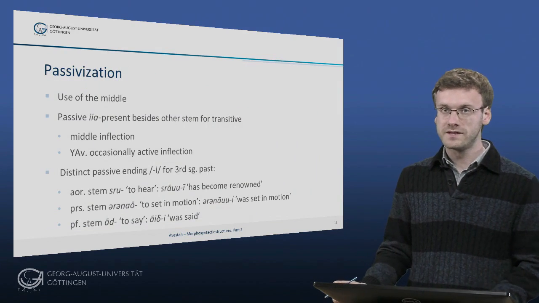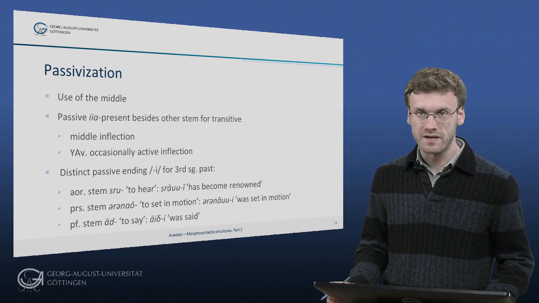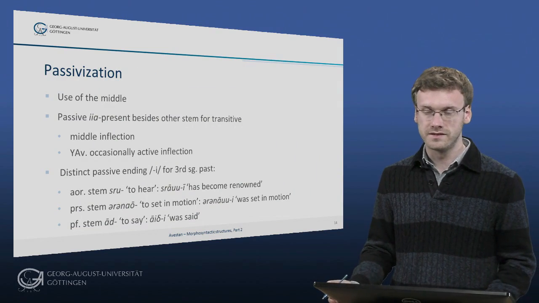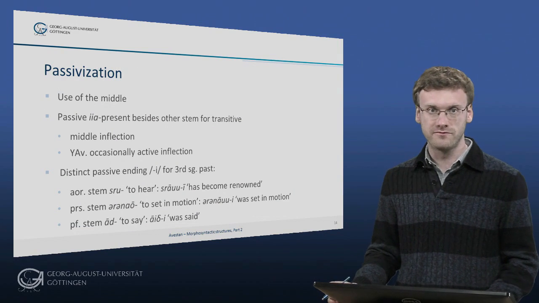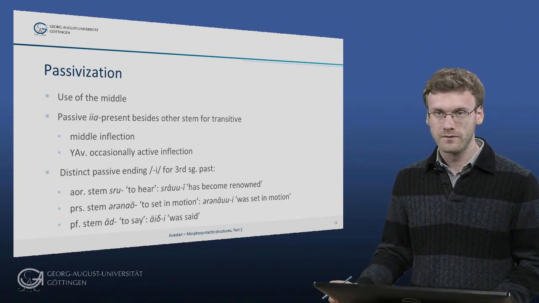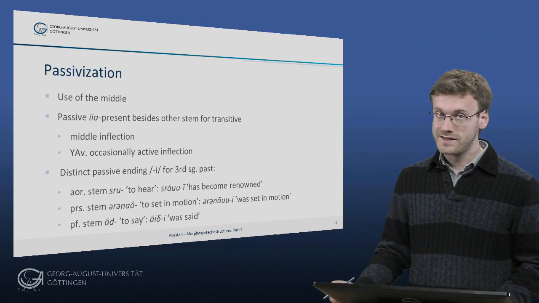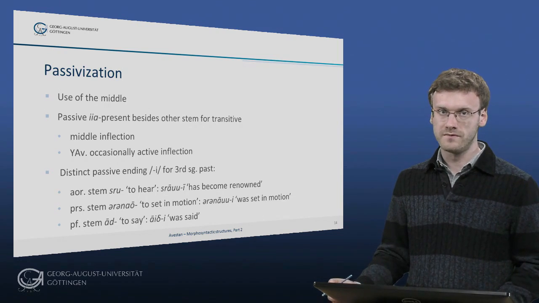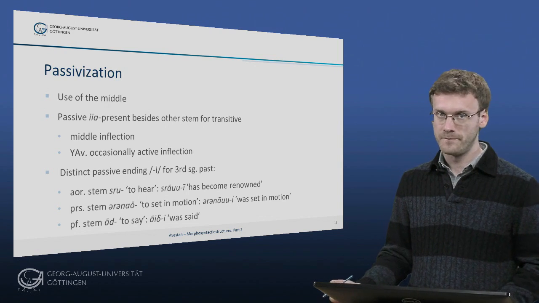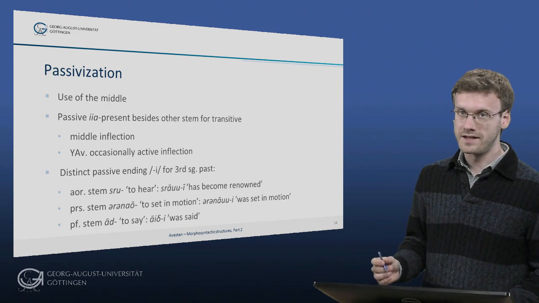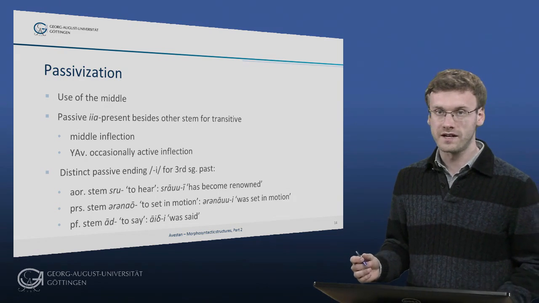We have seen that with some transitive verbs the middle is used as a passive. In addition to that, two other devices are available in Avestan to produce the passive of a given transitive verb. One, which is only available in the present stem system, is the formation of a distinct passive stem with help of the suffix ya. This stem itself is then inflected with middle endings and in Young Avestan occasionally also with active endings.